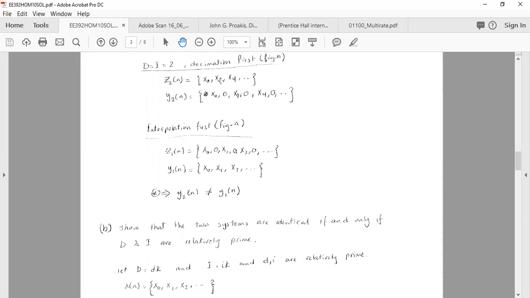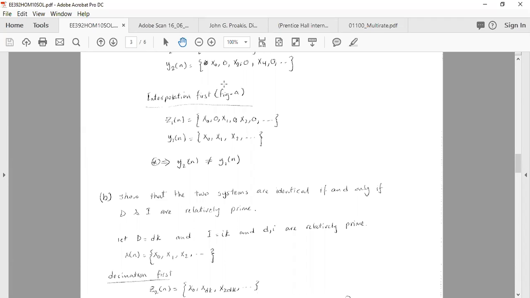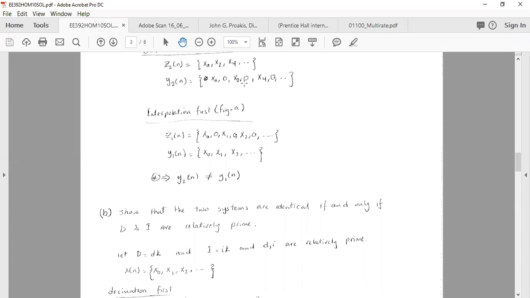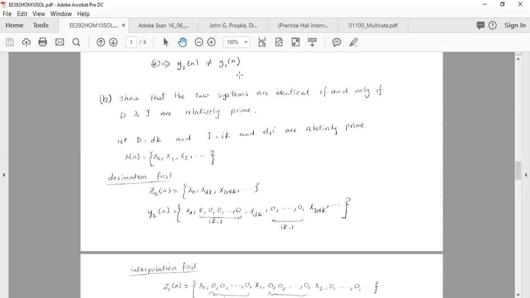Then x of 2, the subscript would be 2 multiplied by dk, which with dk equal to 1 gives 2. The next one would have been x4, which is 4 times dk. So we can rewrite that in terms of this: we get x naught, then x of dk, where if dk was 1, this term would have been 1.